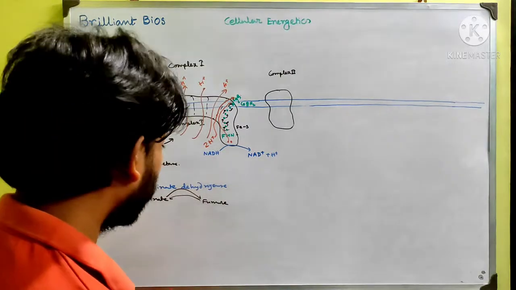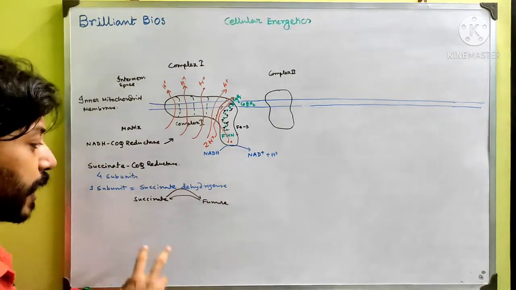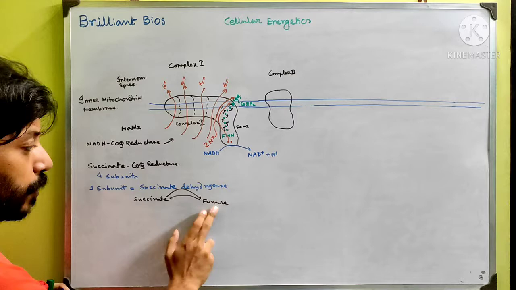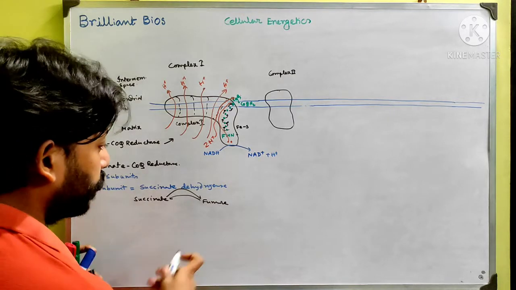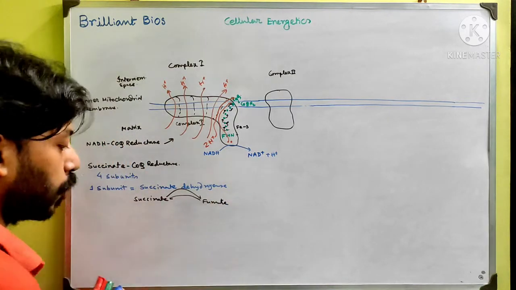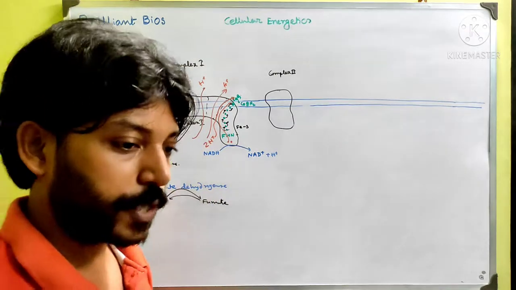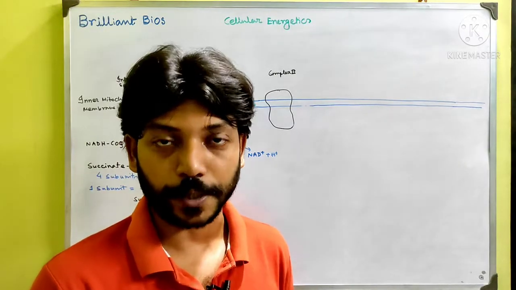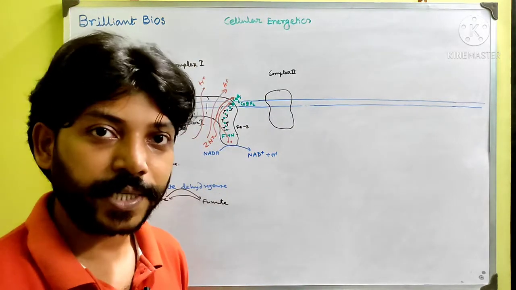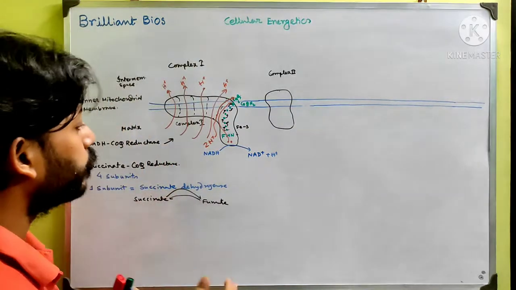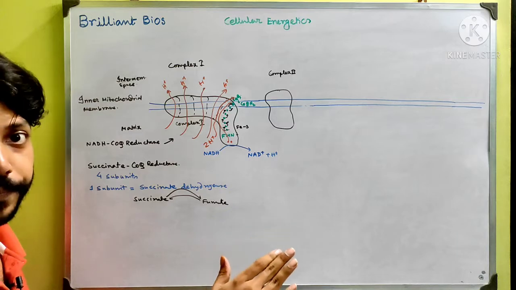Now you can understand the TCA cycle, because I have mentioned how succinate and fumarate get converted in the TCA cycle. This enzyme is part of complex 2, that means part of the electron transport chain. So the TCA cycle is physically and chemically linked with the electron transport chain.